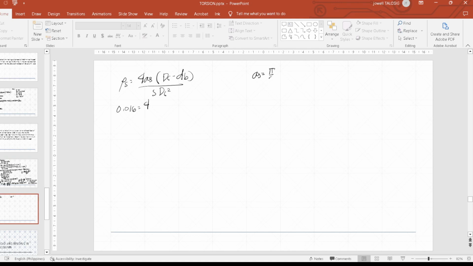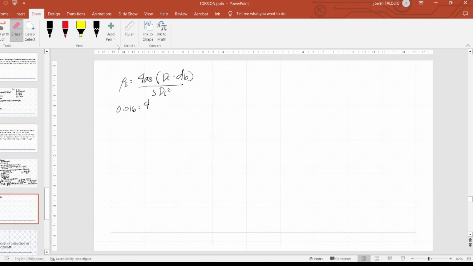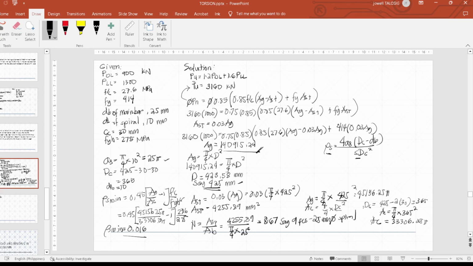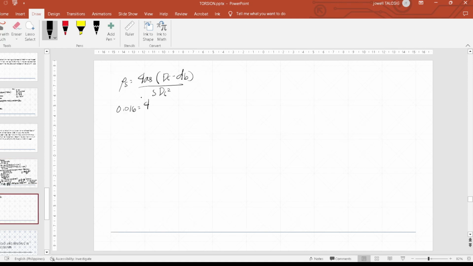AS is 25 pi. Okay, nandyan na yan. 25 pi dapat yan. So to solve that, kasi na-solve natin una yan, 25 pi times DC, 365 minus 10 all over S, 365 square.